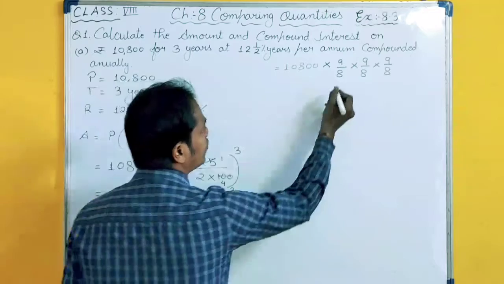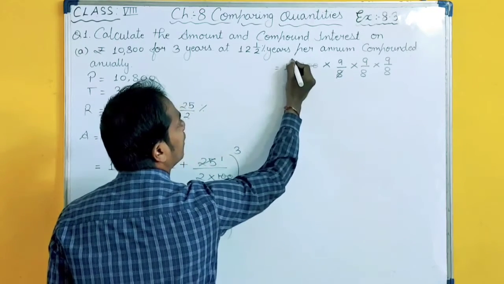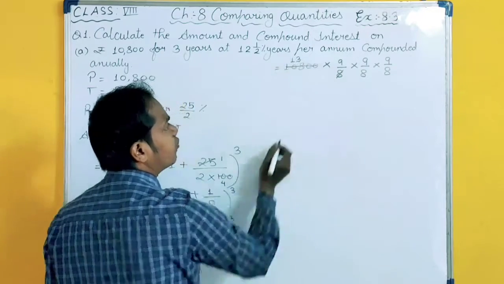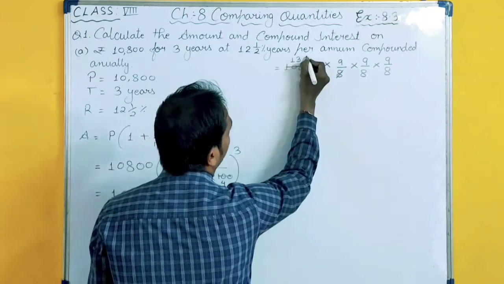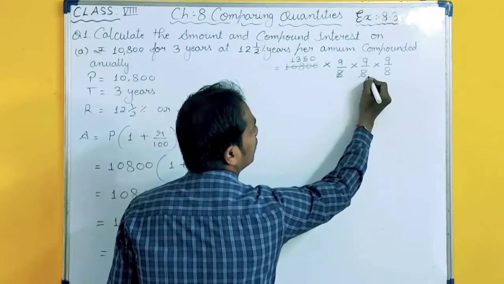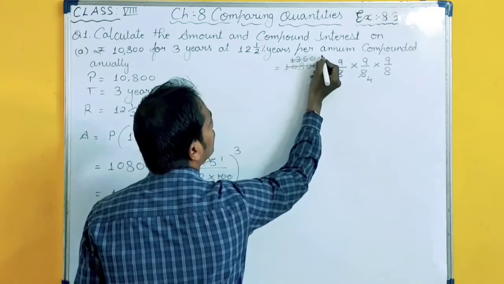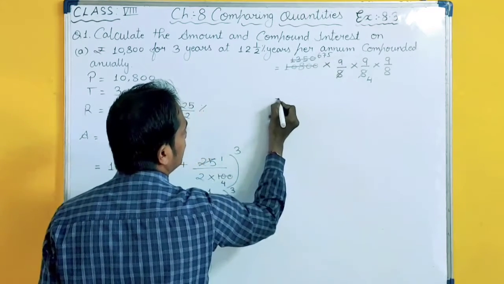Now try to reduce it. I am cutting this by 8. 8 ones are 8. Now 28 is remaining. 8 threes are 24. 28 minus 24 is 4. Then 40, 8 fives are 40, and 0. Now 2 fours are 8 and 2 sixes are 12. 2 sevens are 14 and 2 fives are 10.